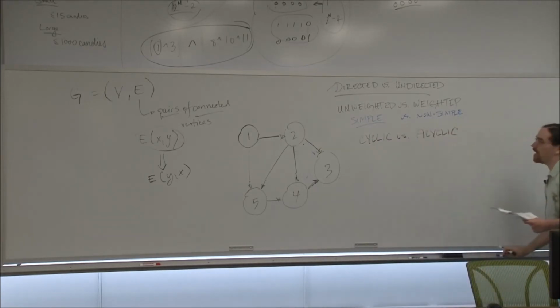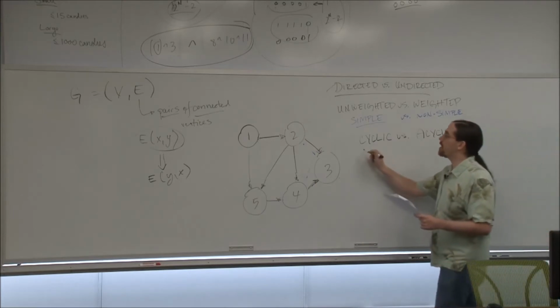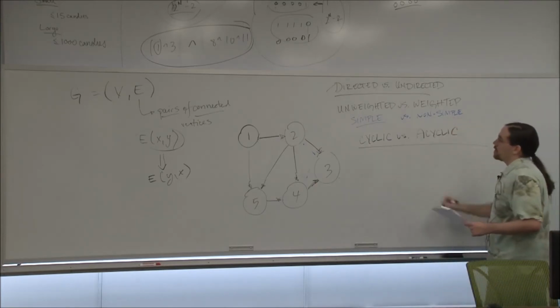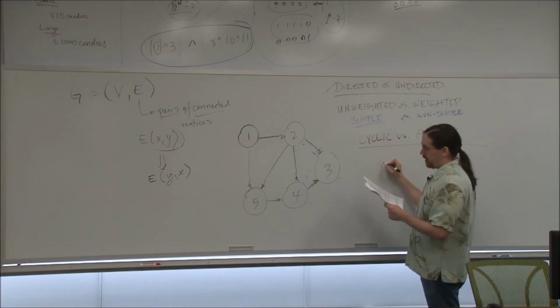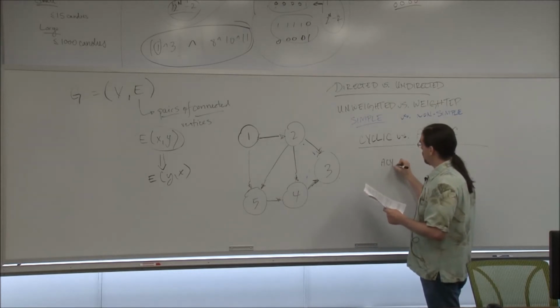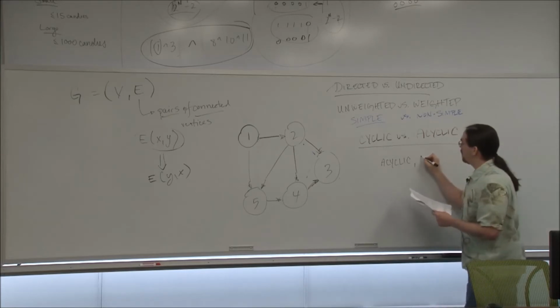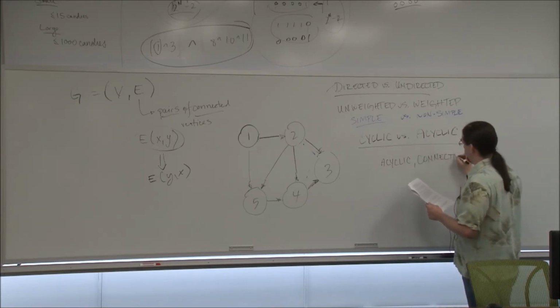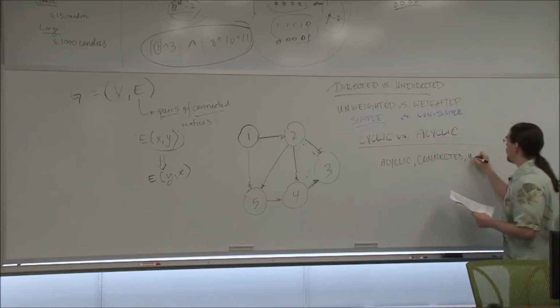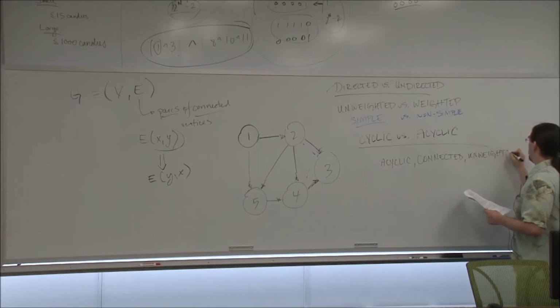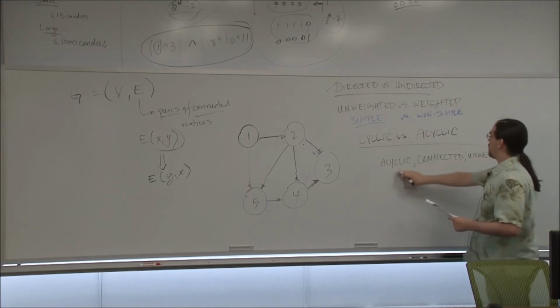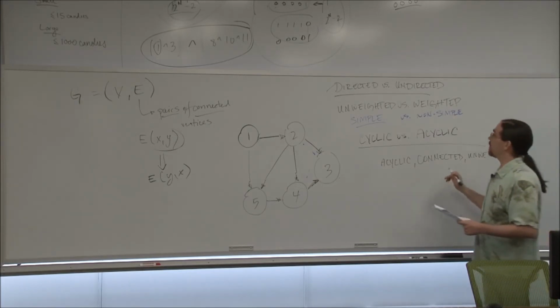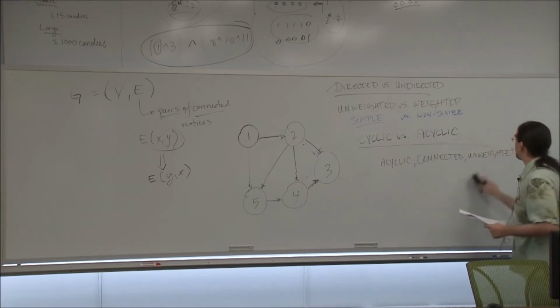This is useful because there are a couple of specific types of graphs. One type of graph is an acyclic connected undirected graph.